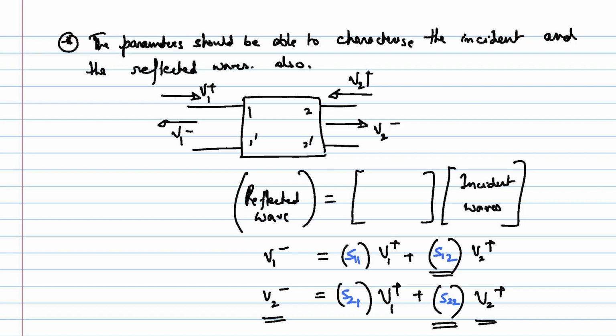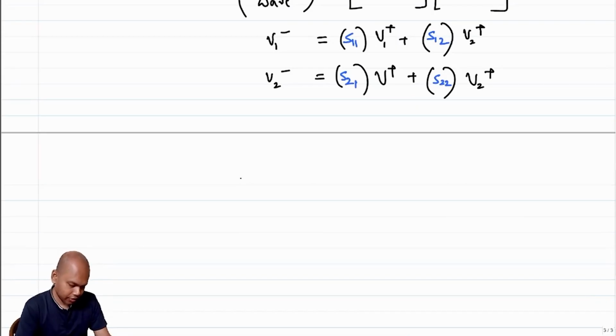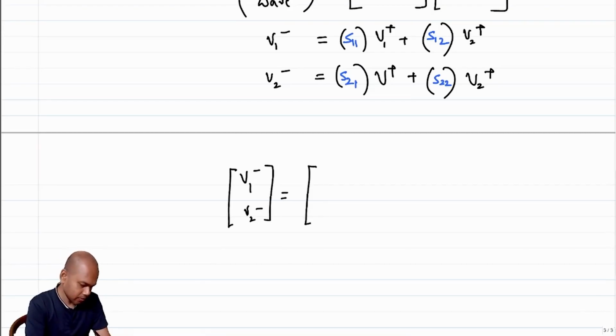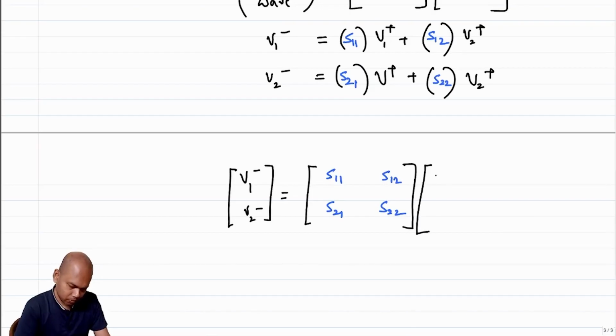So in a more compact form, these are often referred to in the form of matrices, just like we refer to Z parameters and Y parameters in terms of matrices. Sorry, it should be V1 plus.